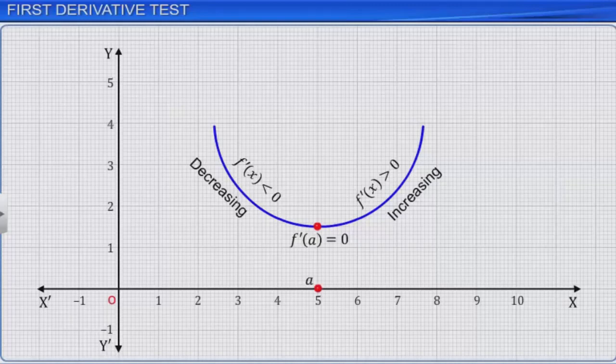Let us now geometrically define local maxima and local minima with the help of graphs using the first derivative test.